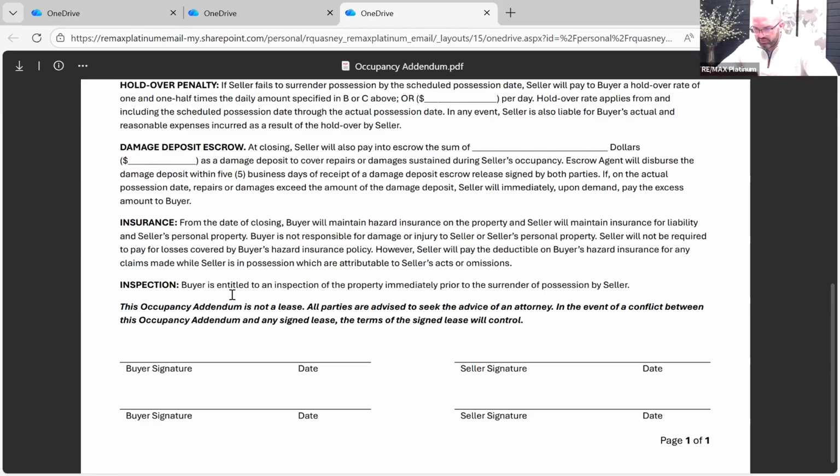Right. No, the question is enforceability. If the seller is showing up at the listing brokerage to turn in the keys, and the buyer's agent says, well, my clients were entitled to do an inspection of the property before those keys are surrendered, then technically speaking, until we do our inspection, possession hasn't ended.